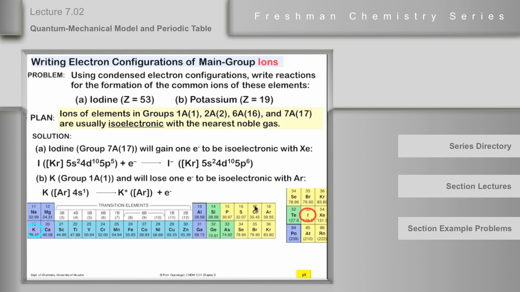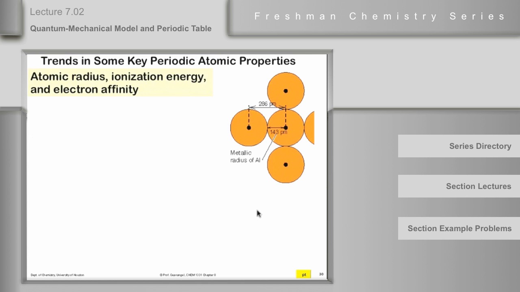It has 18 electrons, so potassium needs to get rid of 1. So it loses 1. The potassium ion has 18 electrons in the argon configuration. So that's how we figure out the electron configuration of elements from group 1A, 2A, 6A, and 7A.